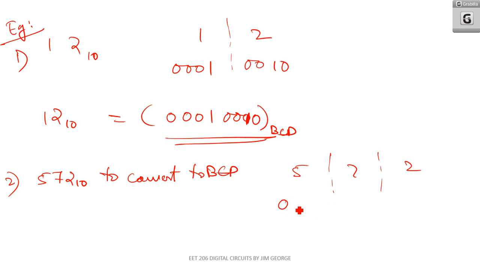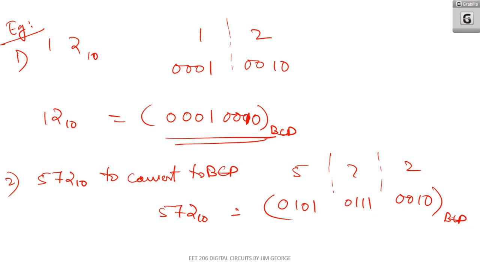What is 5? 0, 1, 0, 1. What is 7? 0, 1, 1, 1. What is 2? 0, 0, 1, 0. So the answer in BCD is that 572 to the base 10 we can write as 0, 1, 0, 1, 0, 1, 1, 1, 0, 0, 1, 0.